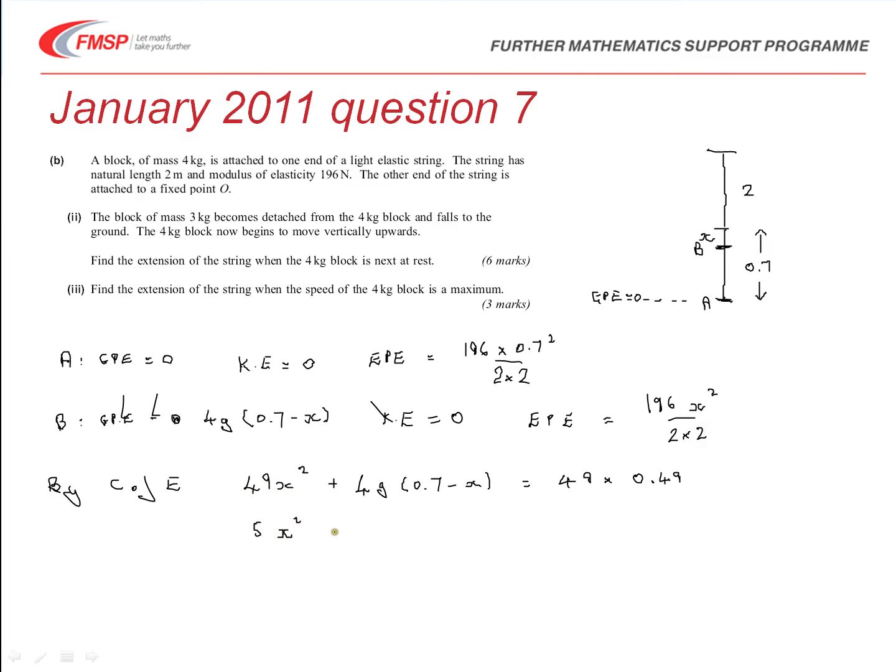Then obviously this g will now cancel, and so you get 4 times the 0.7, which is 2.8, minus 4x, and then dividing this we get 5 times the 0.49, and that's got to be subtracted, and 5 times 0.49 will be 2.45. And that must equal 0.